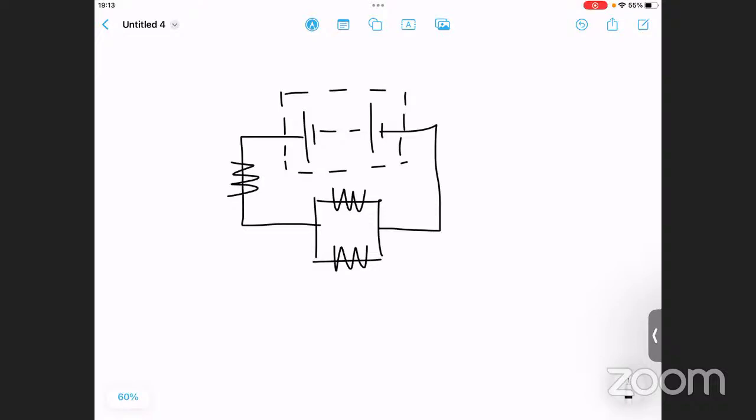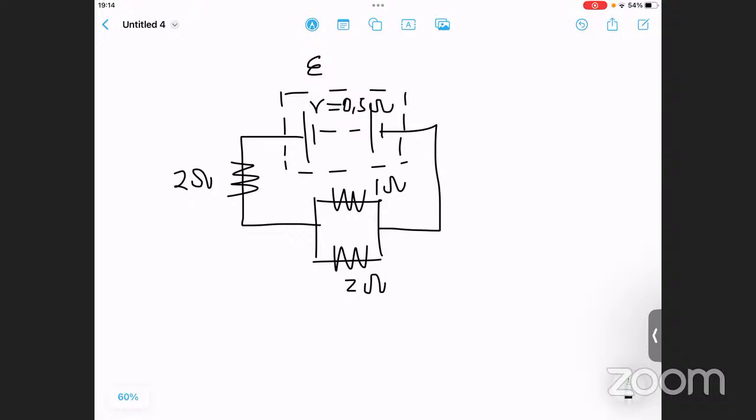We are having 2 ohms there, 1 ohm there, and 2 ohms there. Then we've got the EMF there, and small r is 0.5 ohms.